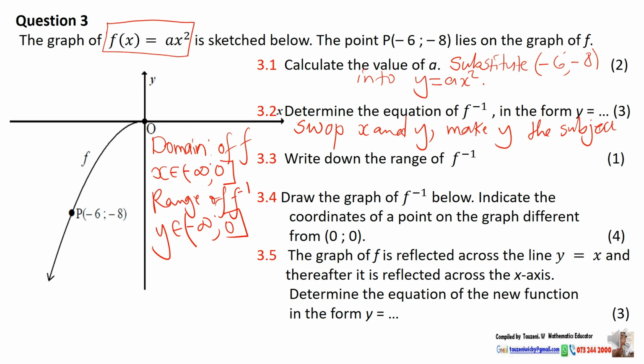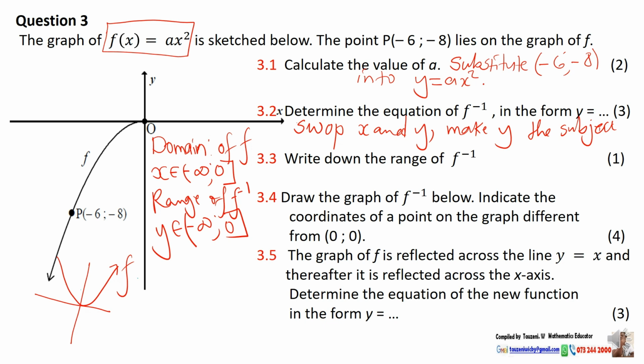Number 3.4, draw the graph. We have explained this one. The main idea is that if my graph for f is going to the positive side, then the inverse of the graph will go to the positive side as well. They must face the same direction in terms of their signs.